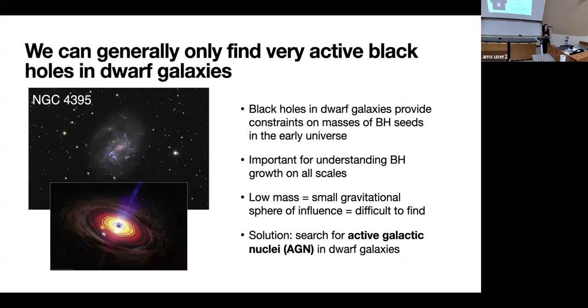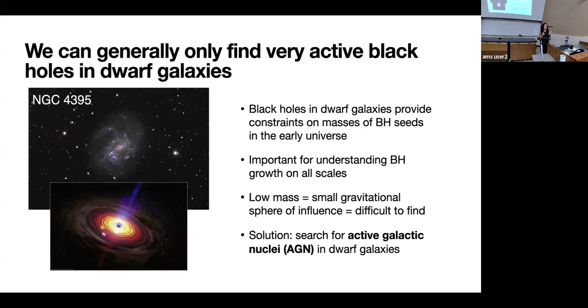One of the tricky things about searching for black holes is that they themselves don't emit any light. So we have to get creative in how we search for them. For dwarf galaxies, the black holes that they contain are relatively less massive than the black hole in our Milky Way or at the center of a really giant elliptical galaxy.